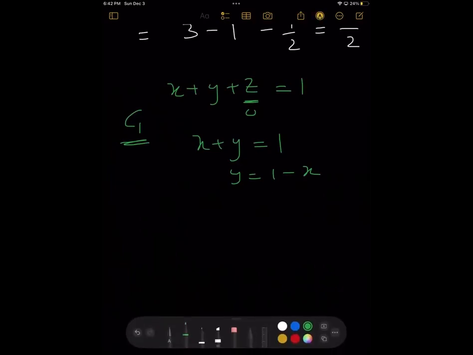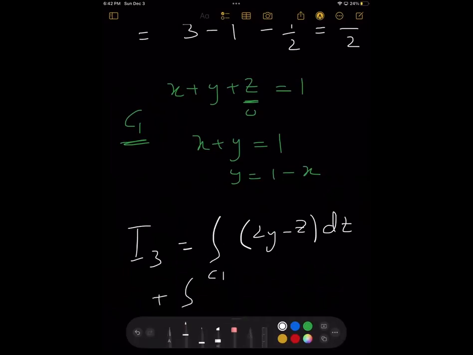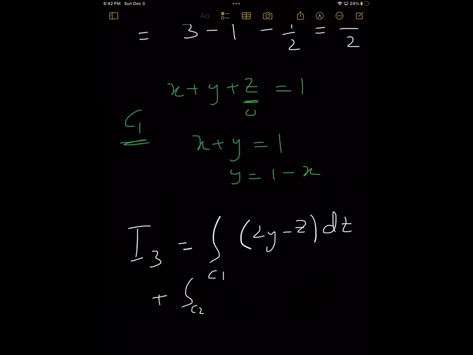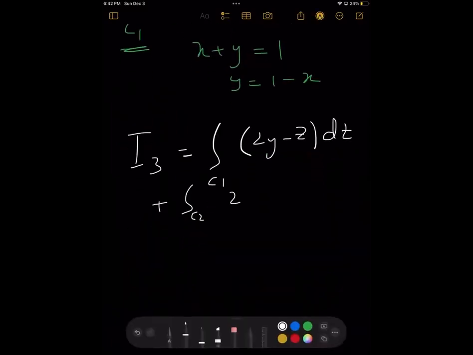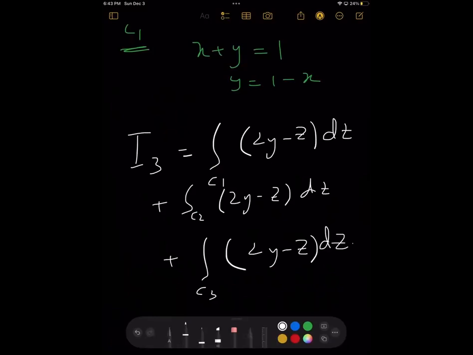So now we will go for I3. I3 was the integral of 2y minus z dz over C1 plus C2, 2y minus z dz plus C3, 2y minus z dz. Fine.